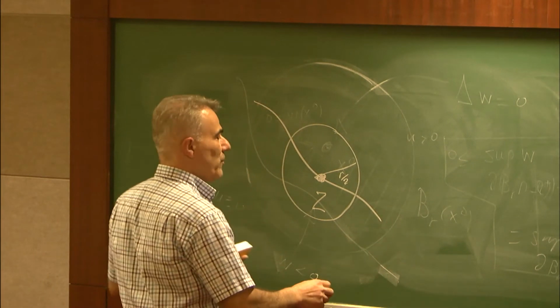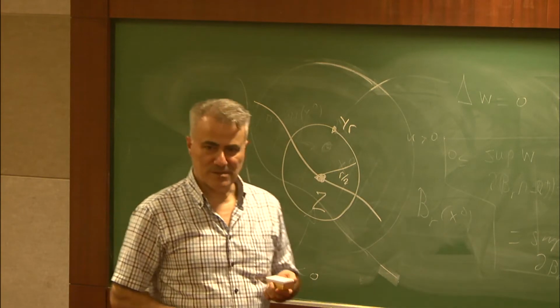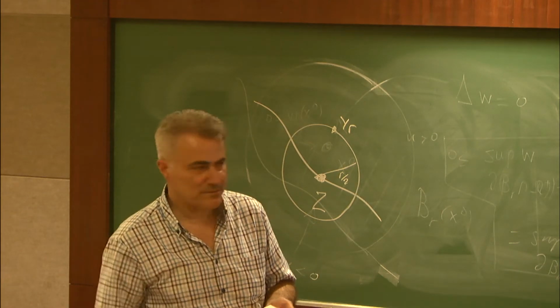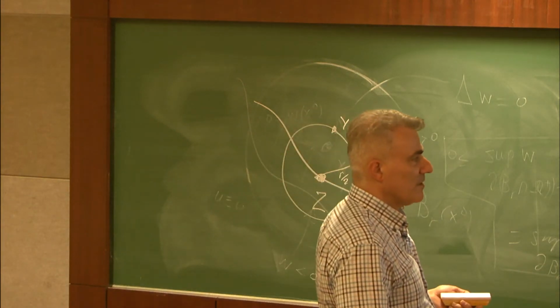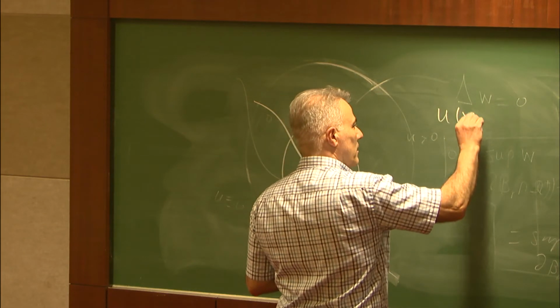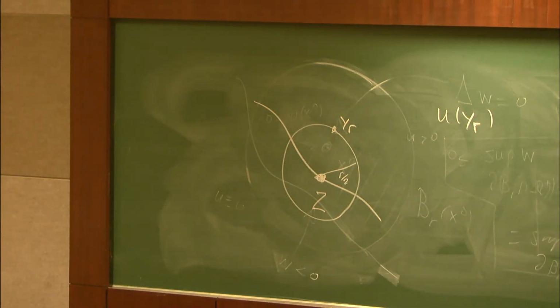We know there is a point y_r where the supremum happens. The function takes its supremum at least at 1. And I know that u at y_r is controlled from below. That's the supremum point.